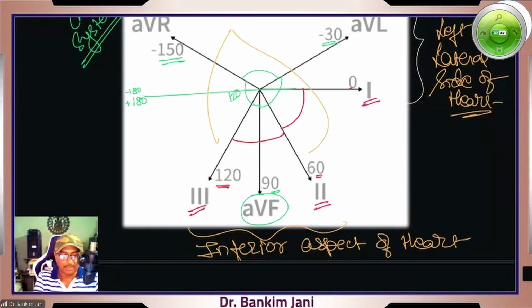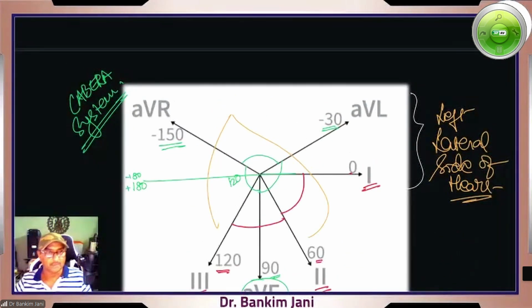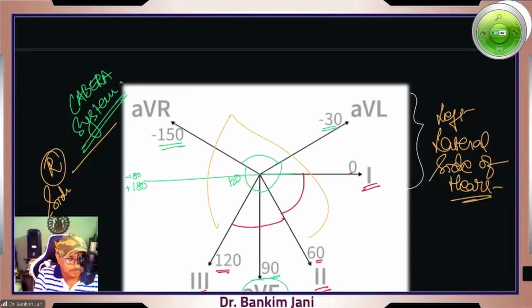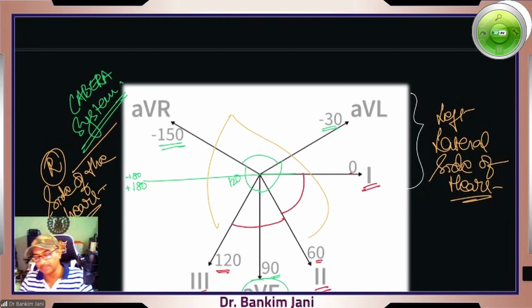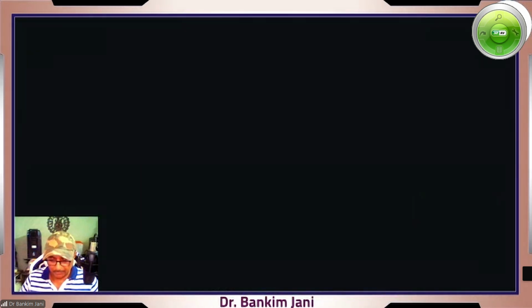And AVR, obviously, will be watching the right side of the heart. So whenever there is systemic hypertension, AVL and 1 will be affected more. All set? Okay.